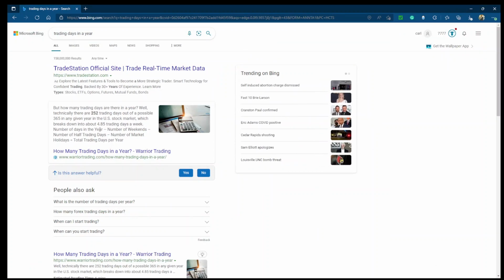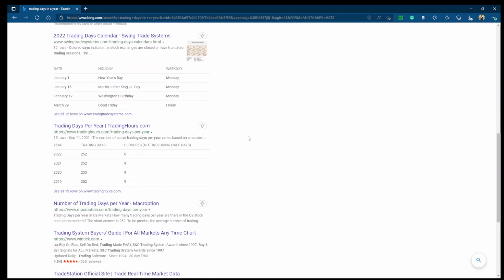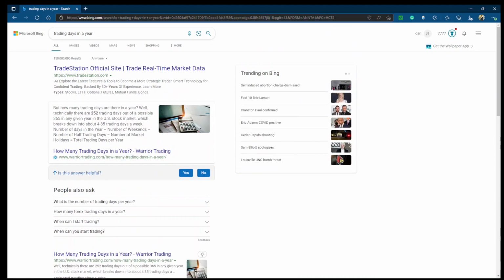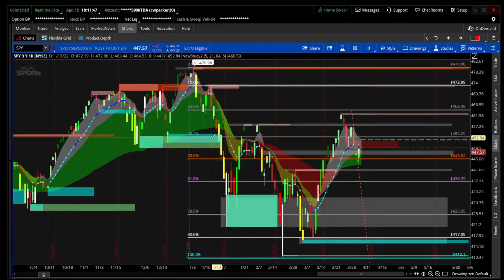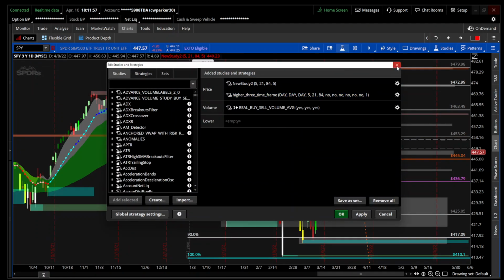Well, technically 252, but it's actually 253 when I Googled it. So I guess I can look at it like this: 2020 had 253, 2021 had 252, and this year 2022 has 252. So I guess it fluctuates between one day. For me, that's negligible, so I'm not going to pay too much attention to that. I'm going to focus on my 5, 21, and 84.